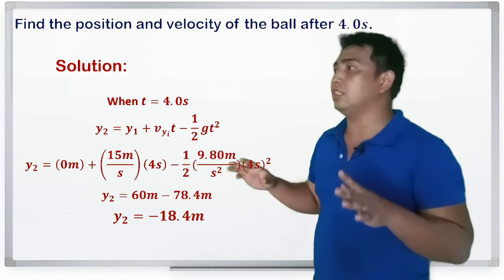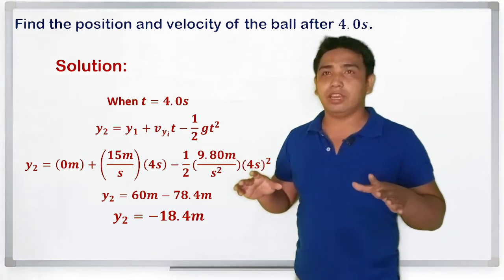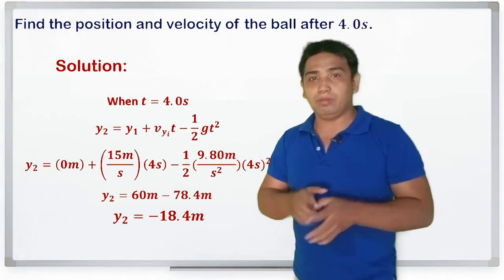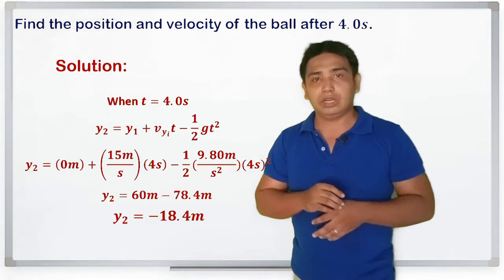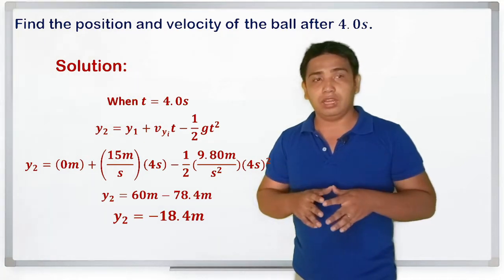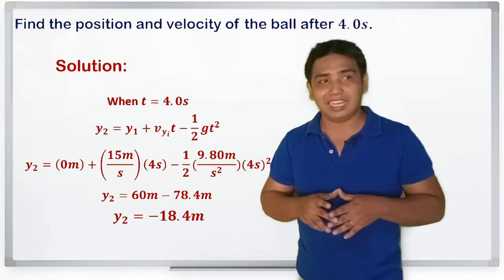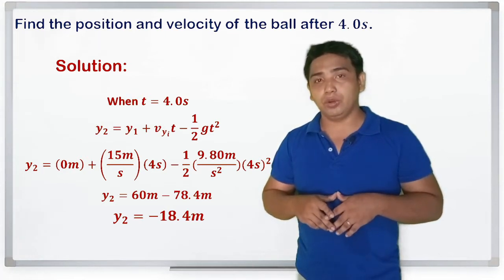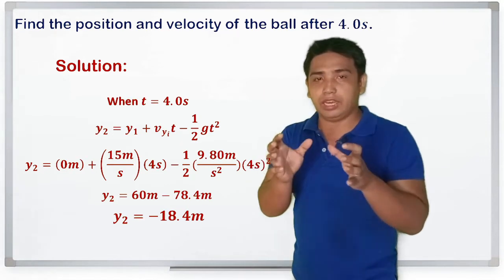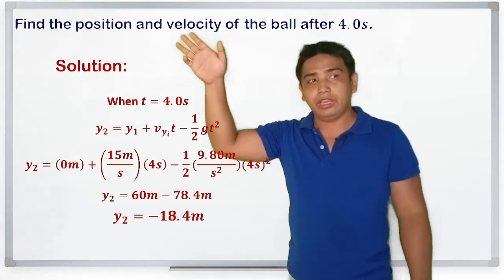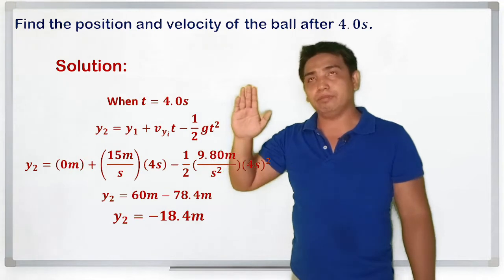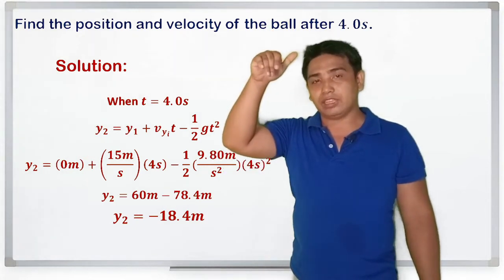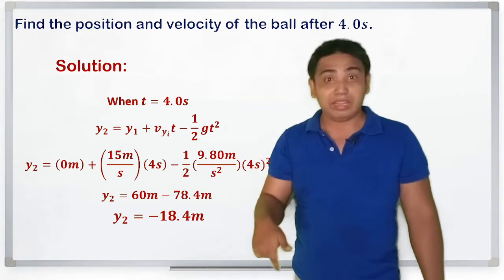So is there anything like negative 18.4 meters that we measure as a measure of distance? No, there's none. So the negative sign there indicates that it is moving away from you, because the initial position is upward, and the positive axis is regarded as upward, and the negative axis is downward.